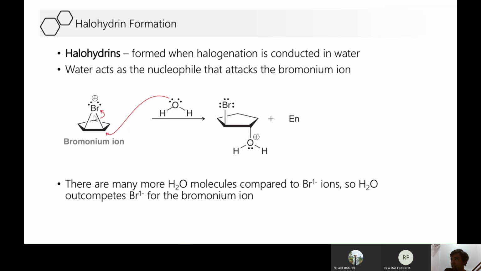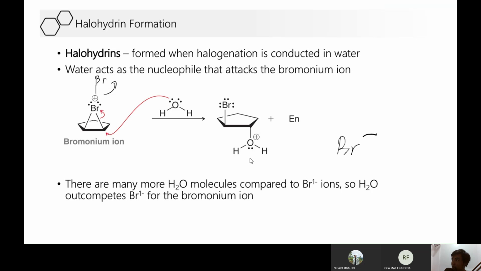However, instead of the other halogen attacking that carbon, yung water yung kakabit, hindi yung Br. So itong water, kakabit yan dyan. So you will have this oxonium ion. Then finally, 'di ba originally may Br diyan na pinalayas?